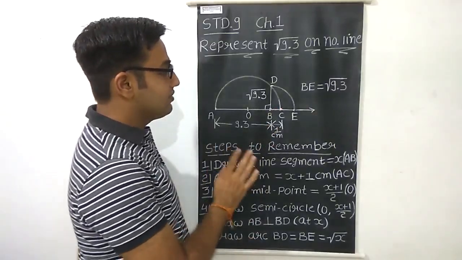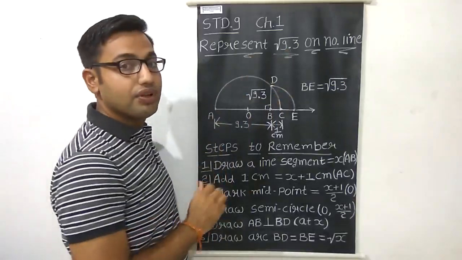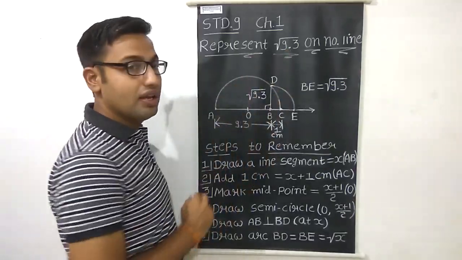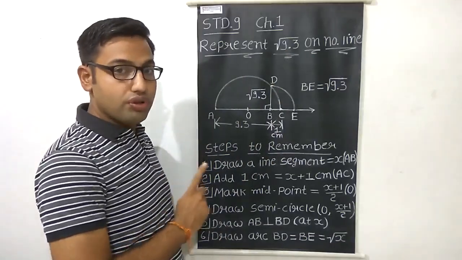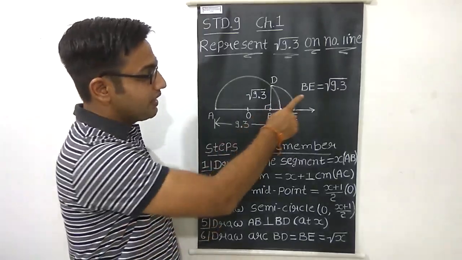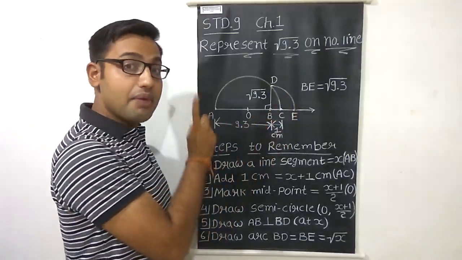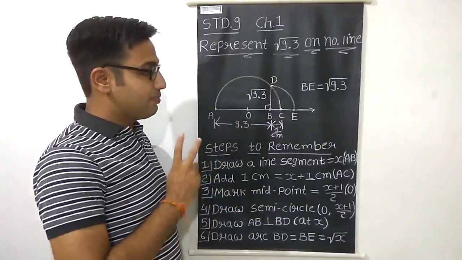In this way, any number in decimal form can be represented on the number line. We can also represent root 2, root 3, root 5, root 7, root 11, all kinds of irrational numbers on the number line by this method. Before that, we studied the spiral method.